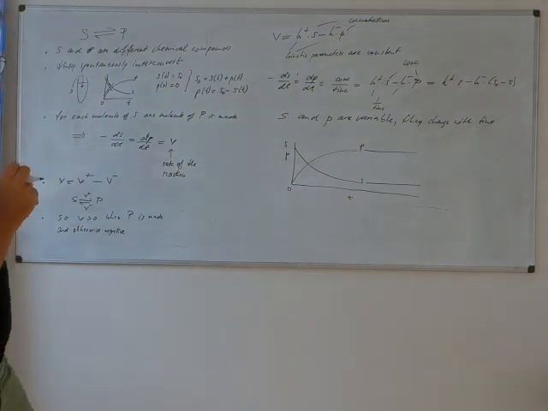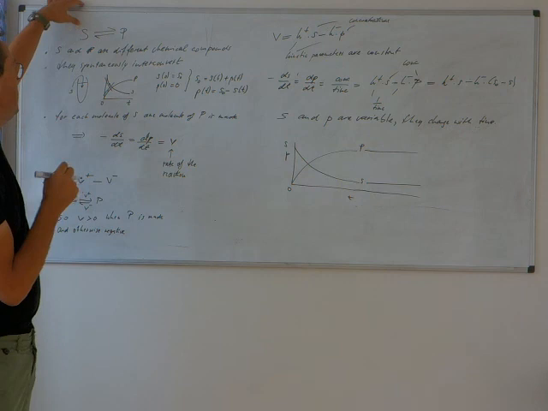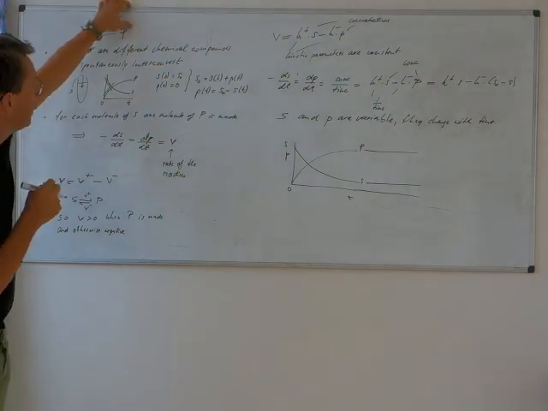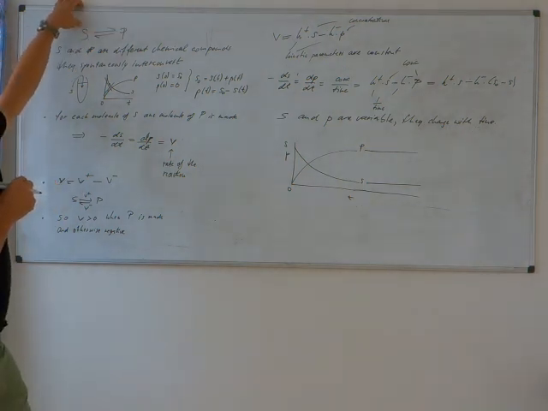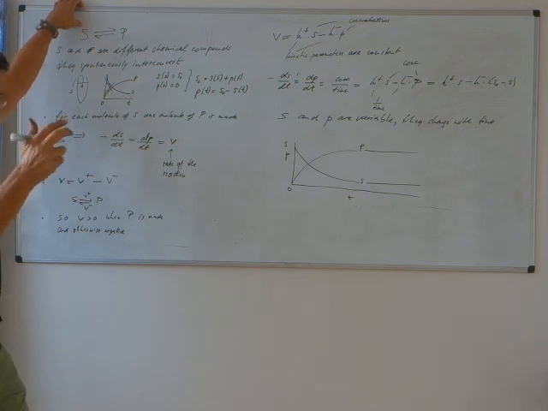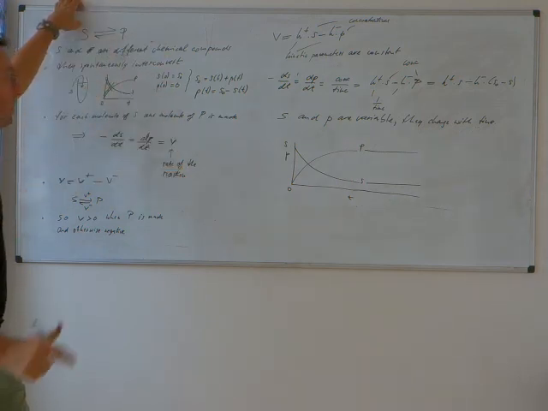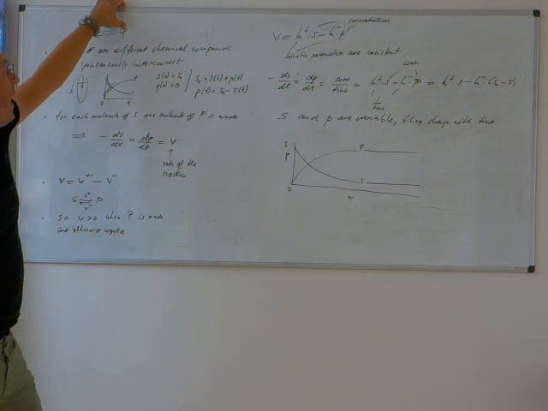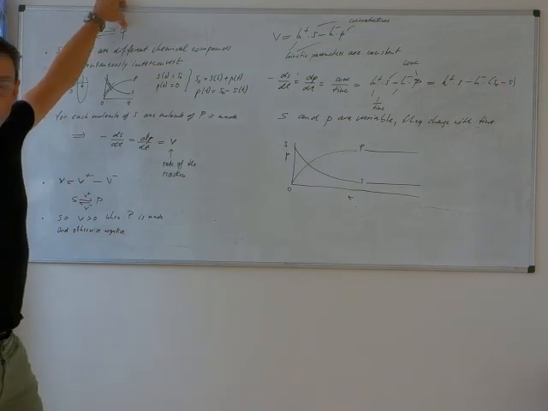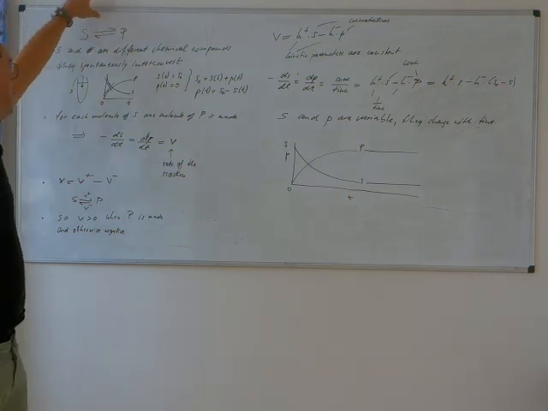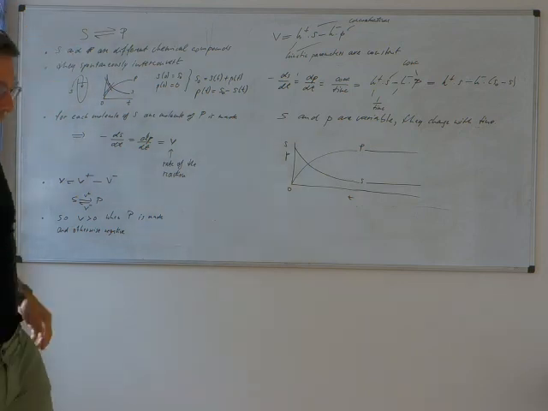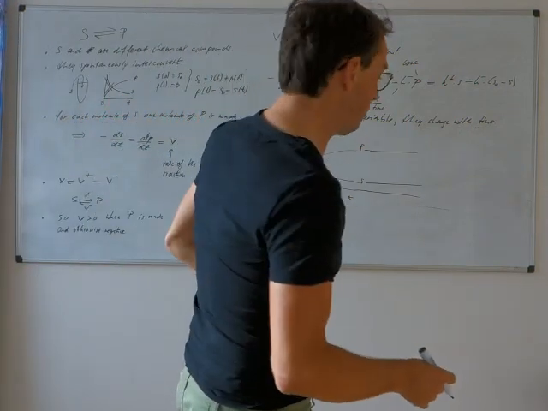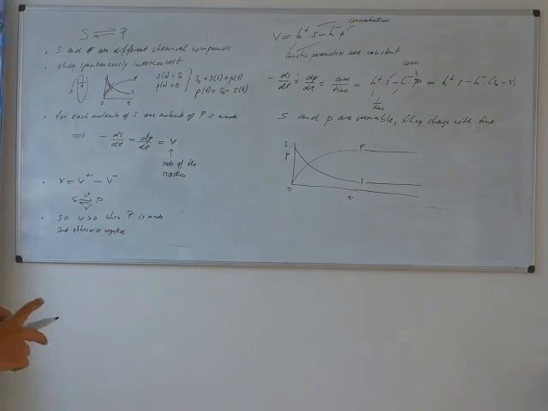Well, let's say S would be 0 at the end. Then S would be made out of P, so the concentration of S would go up again. And if P would be 0 at the end, then P would be made out of S. So the final concentrations of S and P equal to 0 are both impossible.